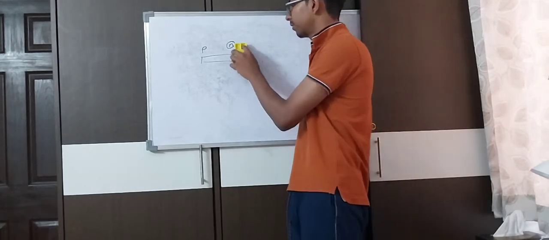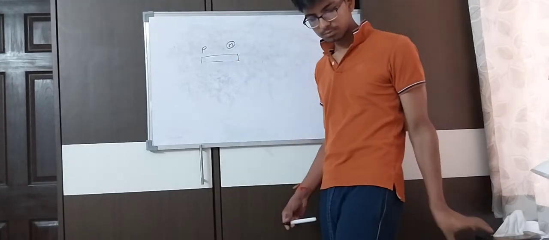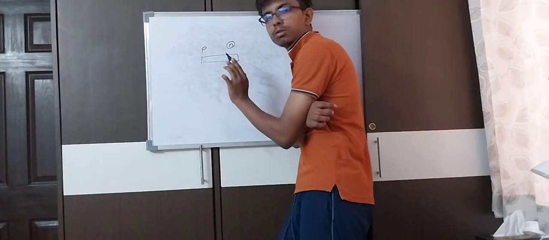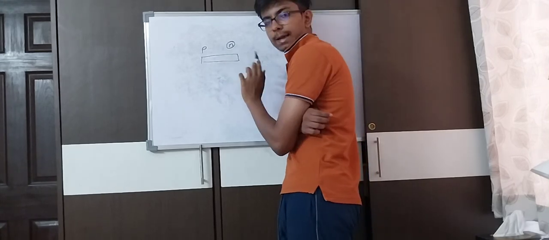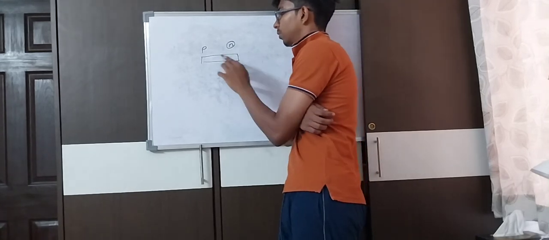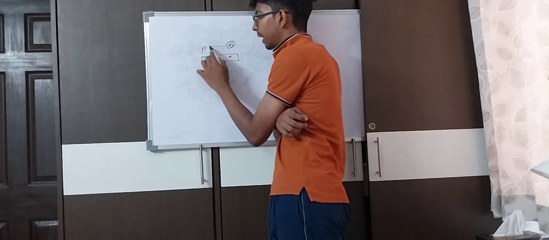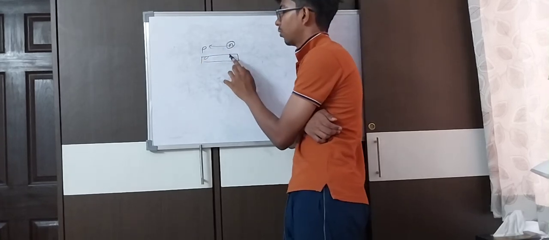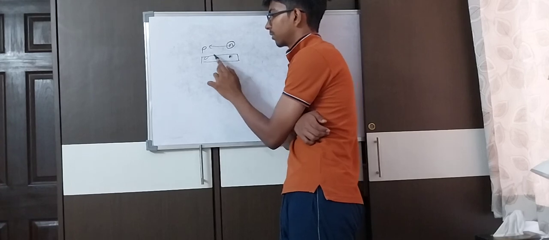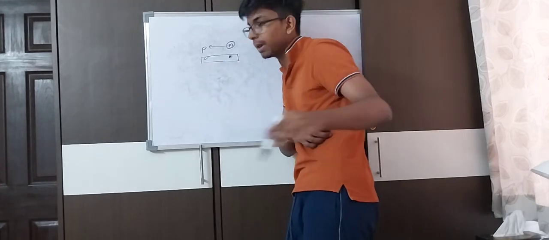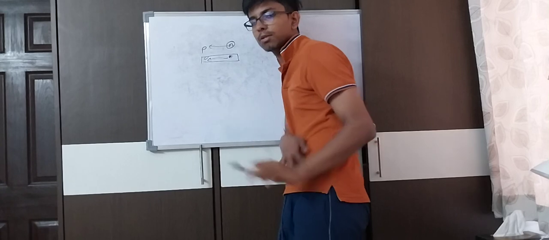So what's happening is that we know p-type has majority holes and n-type has majority electrons. Because there are holes here and electrons there, from n to p electrons will move, and because it's a negative charge going towards p, it will become immobile after it collides with a hole.